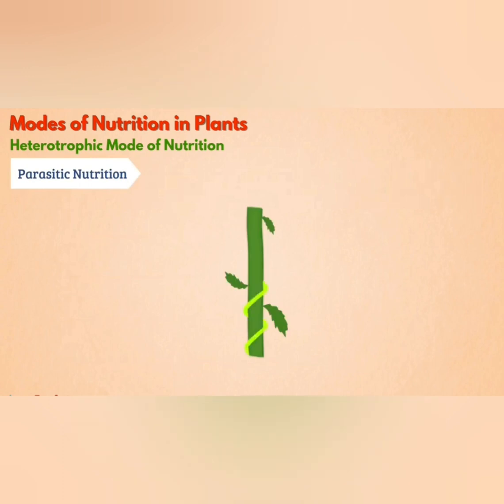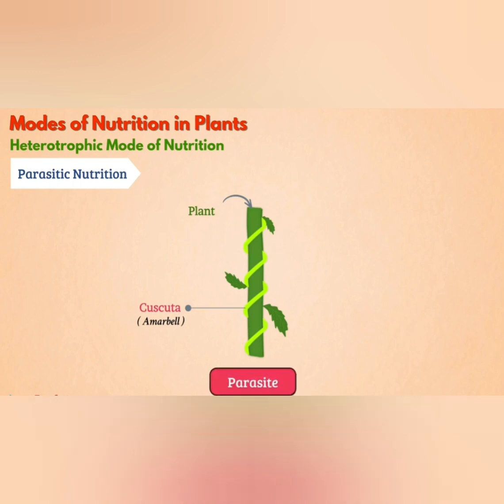Children, in the parasitic mode of nutrition, what happens? Some plants like Cuscuta, in general known as amarbel, grow over the plant, and this Cuscuta is known as parasite. And the plant which allows the Cuscuta to grow on it is known as the host. Now this host gives all the nutrients to the parasite.